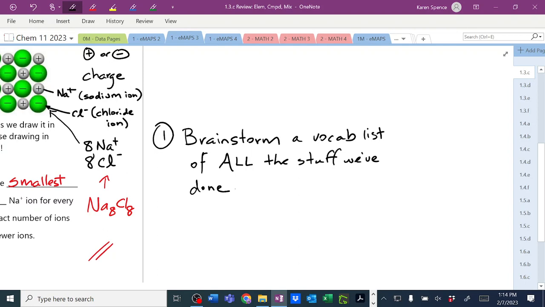The second thing you're going to do is, once we have a class list, you are going to start creating a visual dictionary for yourself.